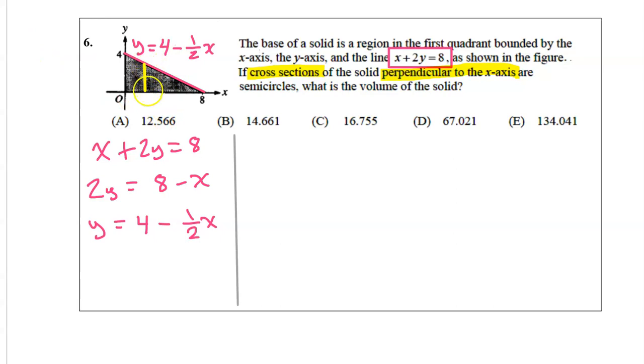We can use slices like this one to find the volume of the solid. It is a three-step process. Step 1 is to find an expression for the length of the base of a single slice, which I will call b, shown here as this yellow segment.